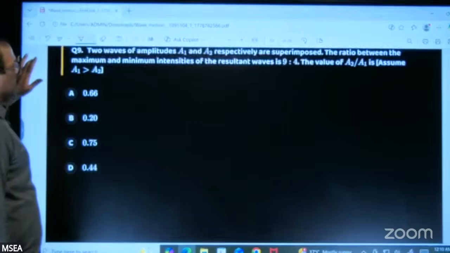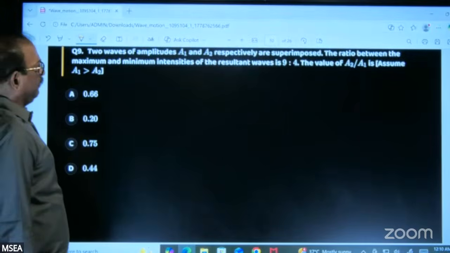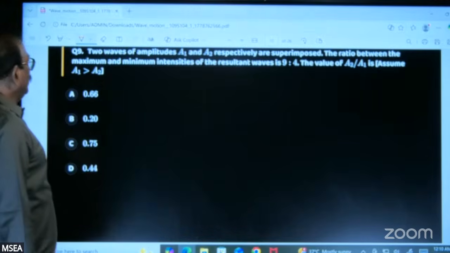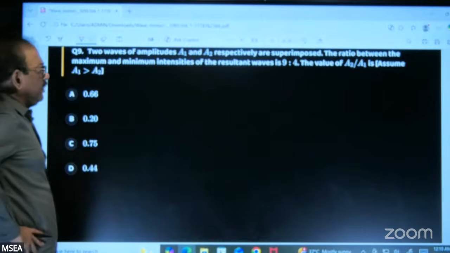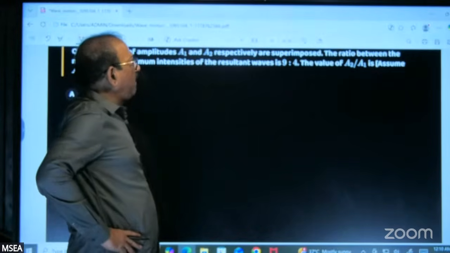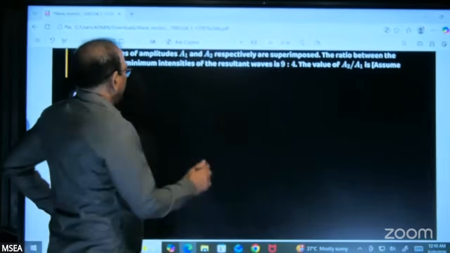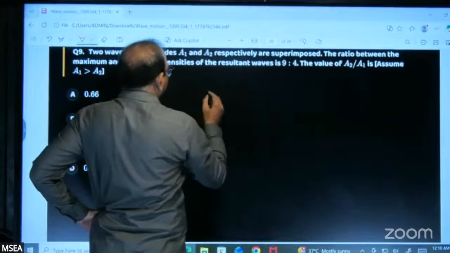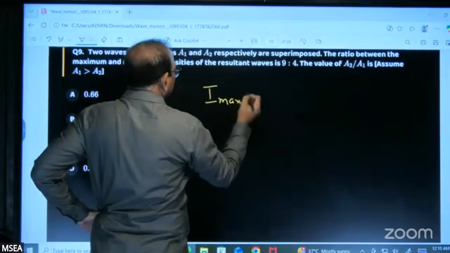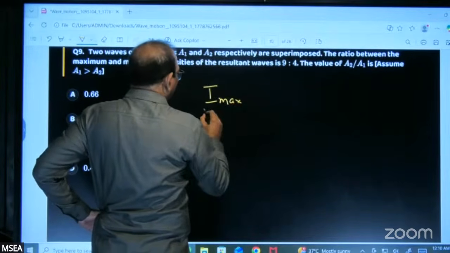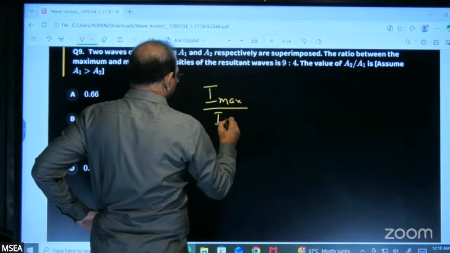Next. Two waves of amplitudes A1, A2 are superimposed. The ratio between maximum and minimum intensities of the resultant wave is 9:4. Find A2 by A1. Imax by I minimum.